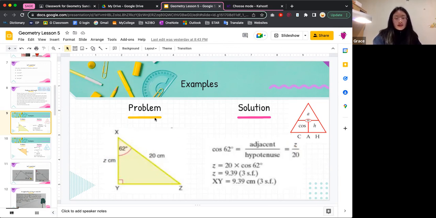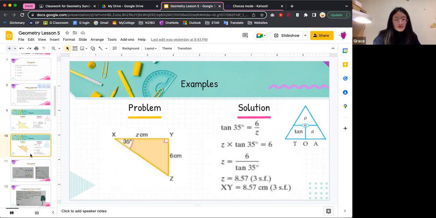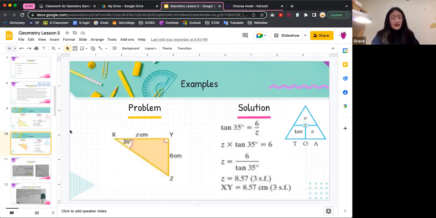Now, in the next example, which is right here, this is still the same method, except the equation solving is a little bit trickier because this time around, we have got the side that we want to find on the bottom. So we have the opposite side, which is 6, the adjacent side, which we want to find, and it's called z.